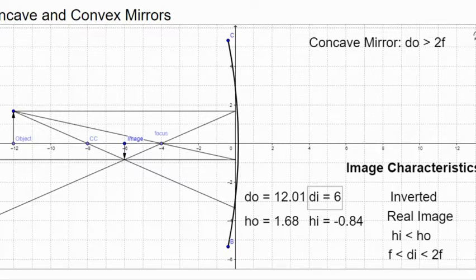If this diagram matches with what math we've done, the mirror equation, those two things should work out. Otherwise, somebody's just totally making this up, right? This doesn't make any sense. So see if when the object distance is 12, do equals 12, 12.01, whatever, and the image distance is 6, indeed the focal length is 4 in that mirror equation. Go ahead and pause this, give that a try, and see if it works out.